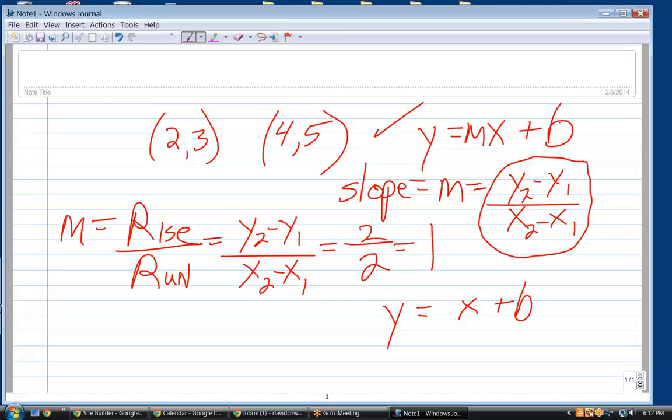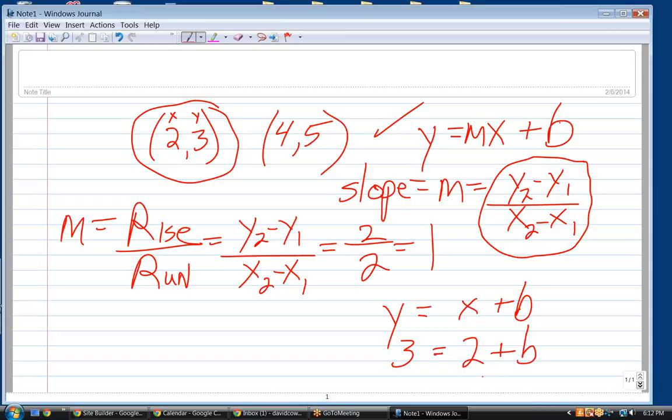Didn't you say like 2 plus 3 equals 0 or something like that? Well, let's take the smaller numbers, because the math's always easier with smaller numbers. Let's plug in that set of points. Remember, this is the x-coordinate, this is the y-coordinate. So if I plug those numbers into this equation, what do I get? I get 3, the y-coordinate, equals x, which is 2, plus b.